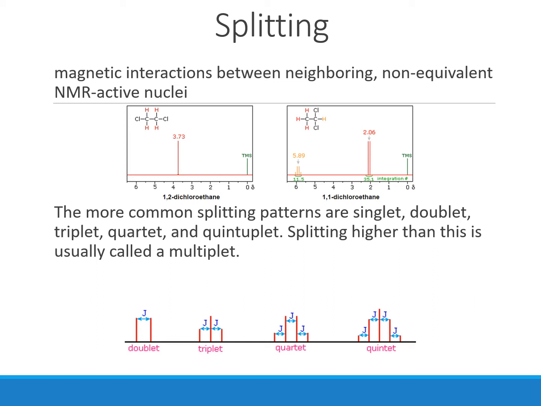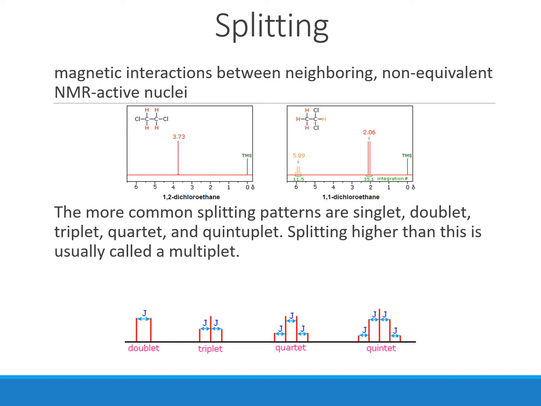Splitting is another very interesting concept in magnetic resonance spectroscopy. Splitting occurs as a result of magnetic interactions between neighboring non-equivalent NMR active nuclei. Remember, you will only talk about splitting if you have neighboring hydrogens, which means the hydrogens are at most three bonds away from one another.